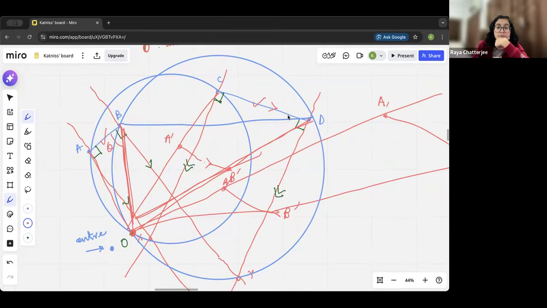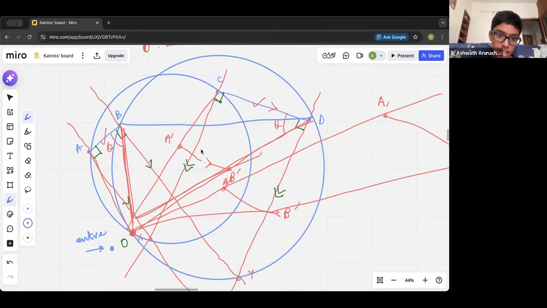Once you construct BD, angle OBD plus angle ODB will always be equal to angle ABD plus angle CDB minus one of those angles. So it always remains constant in that sense, relative to those two segments.